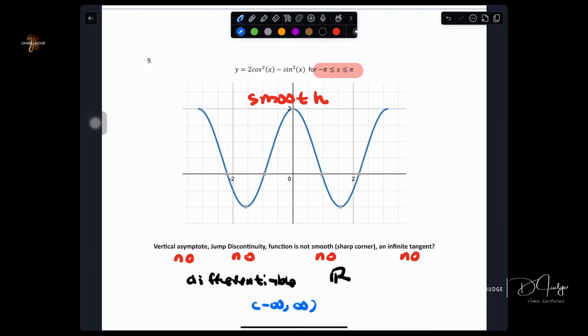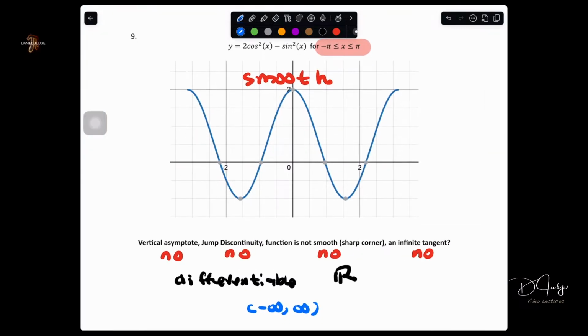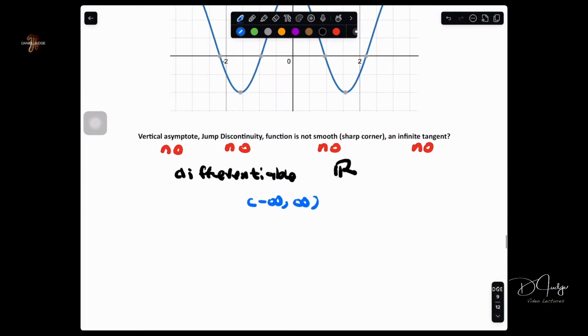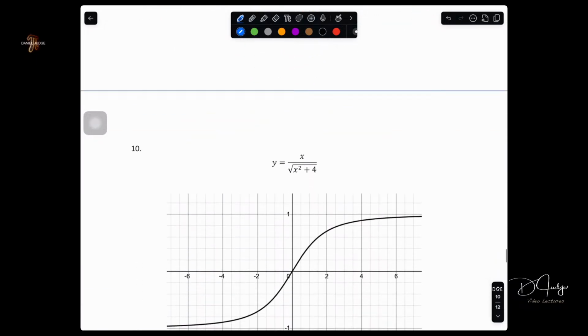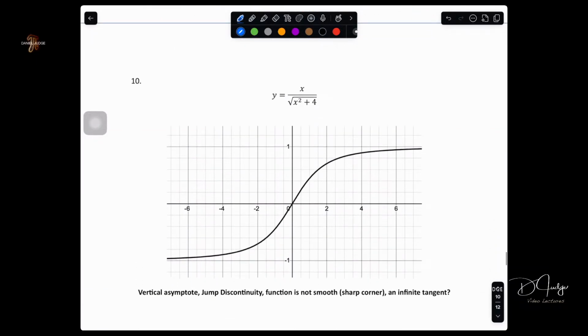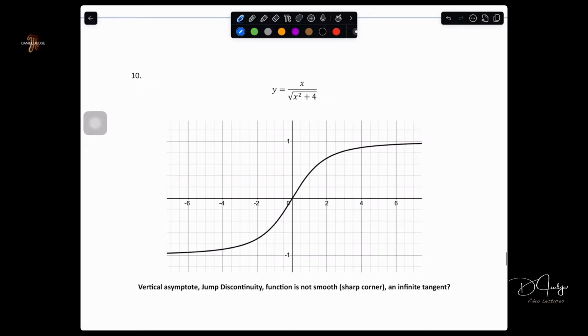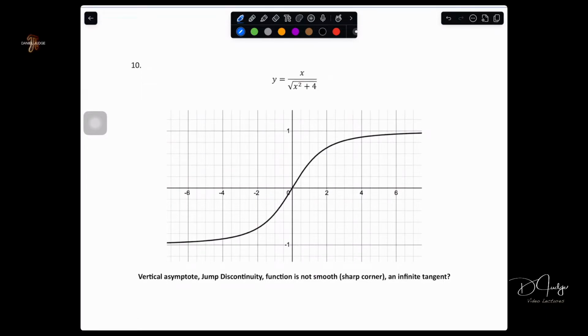Number 9. Nice and smooth everywhere. That's beautiful. Sines and cosines, like polynomials, are nice things. Now here's again a sort of rational-ish function. Y is x over the square root of x squared plus 4.